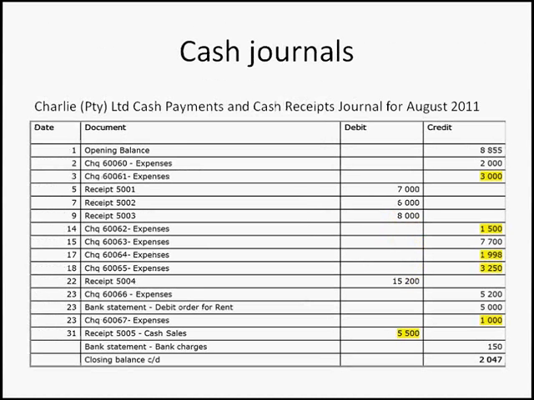If I look at the cash journals, there are quite a few items that I cannot find on my bank statement. If I look at the checks that are not yet reflecting in the bank statement, there are 5 of them: check 60061 for 3,000 Rand, check 60062 for 1,500 Rand, check 60064 for 1,998 Rand, check 60065 for 3,250 Rand, and check 60067 for 1,000 Rand.